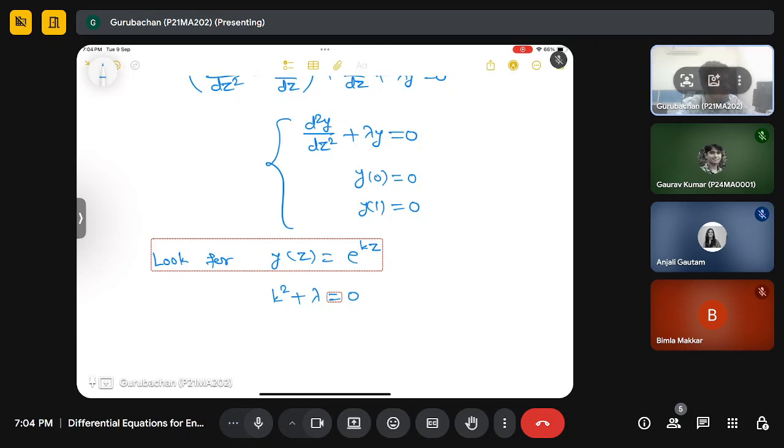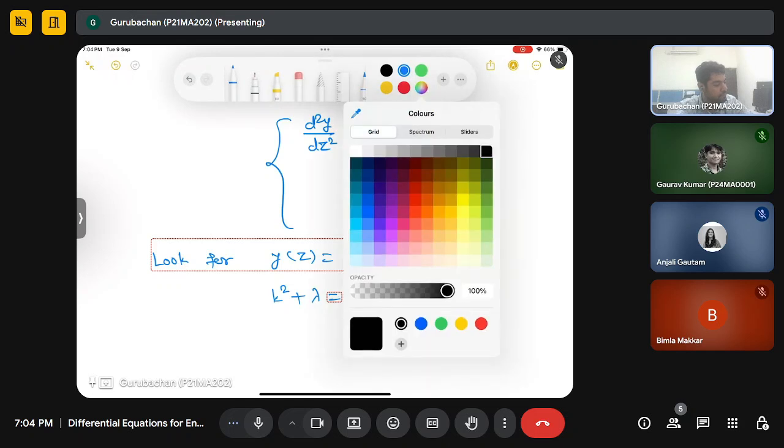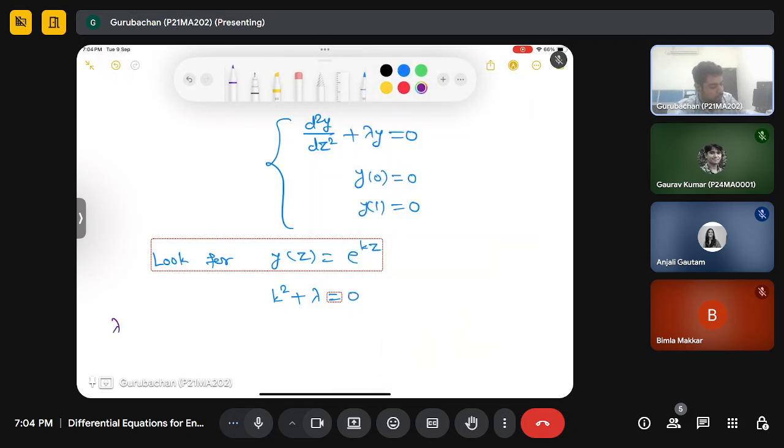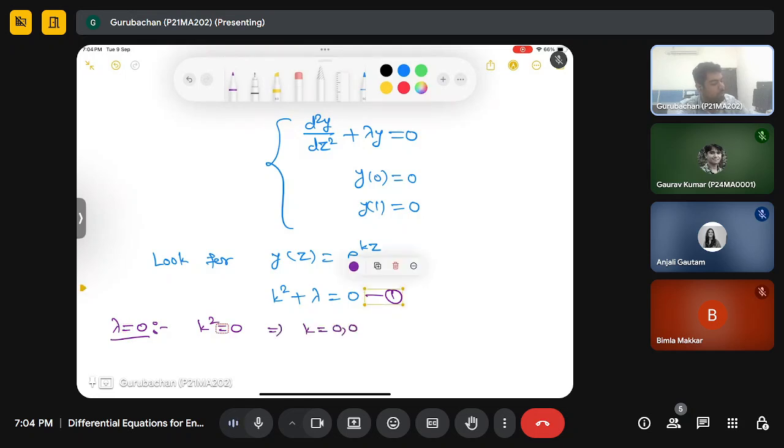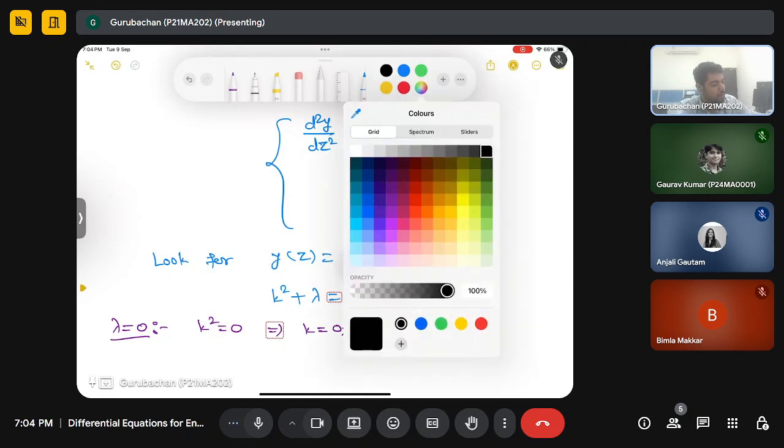So let us divide the cases. Lambda equal to 0, the easiest case. Again, k square equal to 0 from equation 1. So this will imply k is nothing but 0, 0. So again, it's a case of repeated roots.